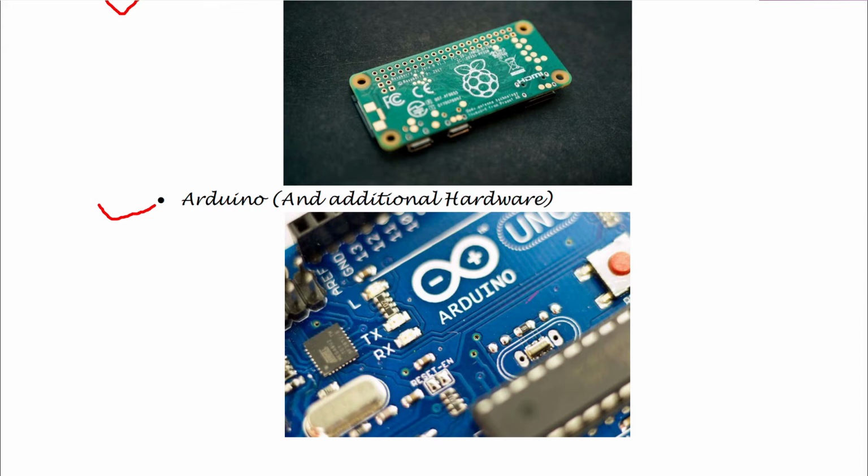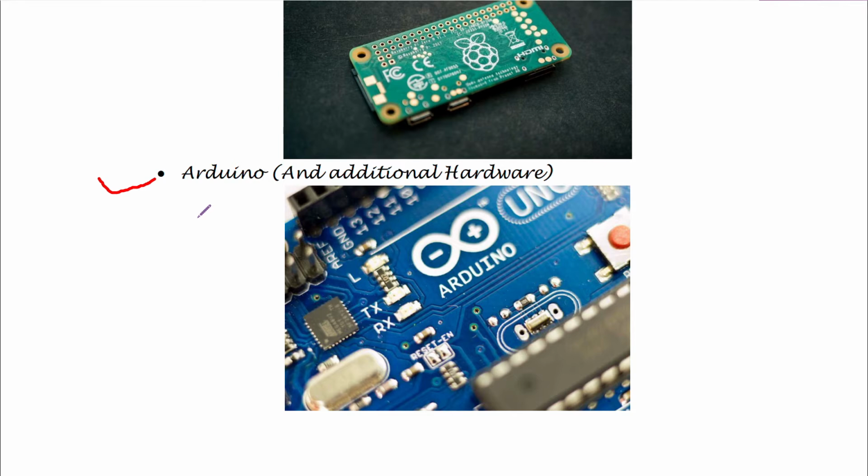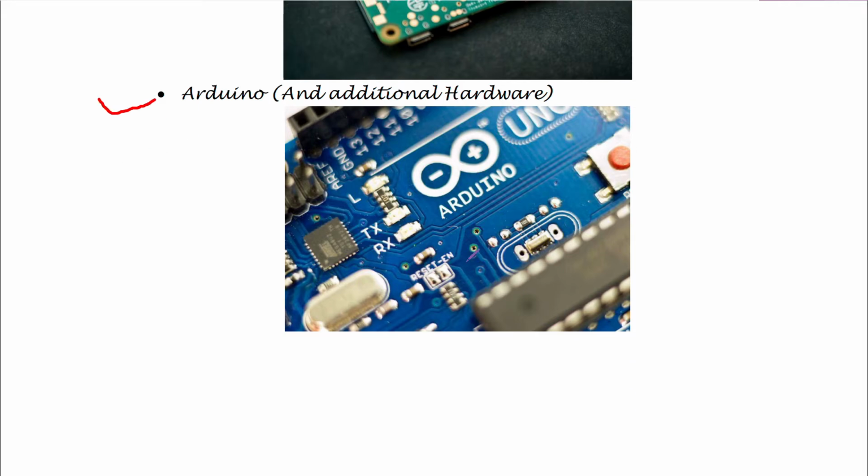We can use Wi-Fi modules, Bluetooth modules, NFC modules or RF modules, and we can interface them with Arduino and make IoT products or prototypes using that. But a standalone Arduino does not have any property that can enable it to be used for IoT.